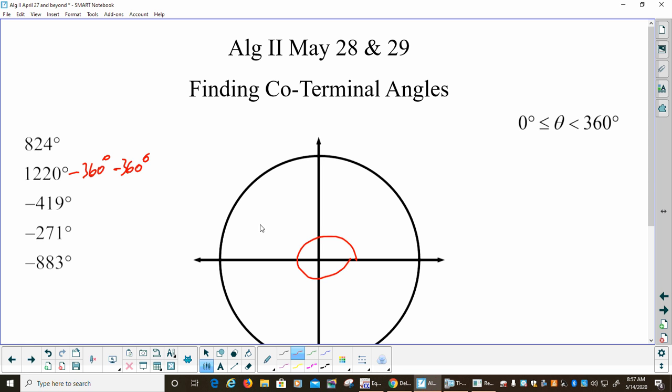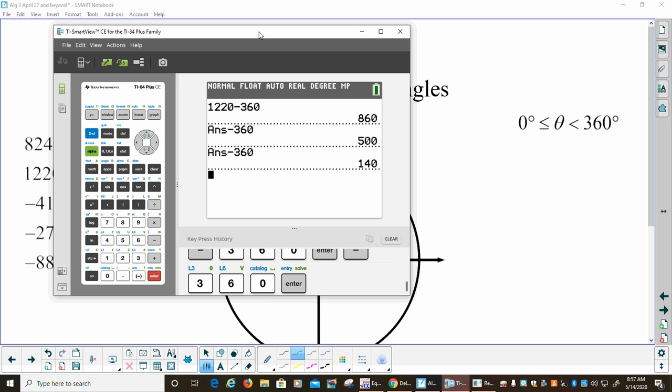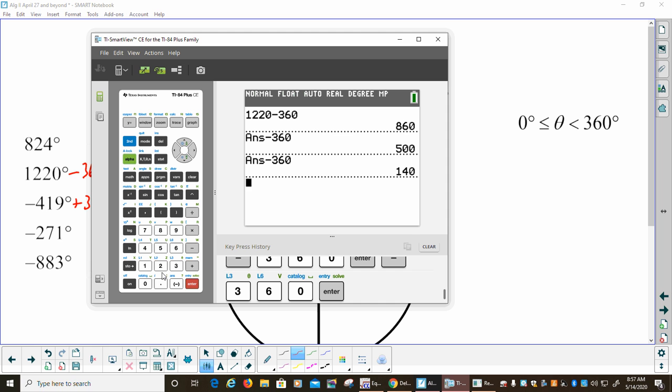Now how much more? Well, notice that I would add 360 to this to shrink this rather than subtracting it. So negative 419 plus 360 gives me negative 59 degrees.